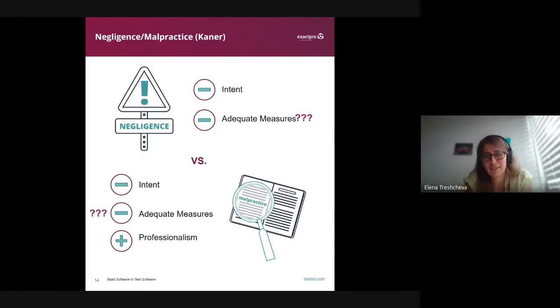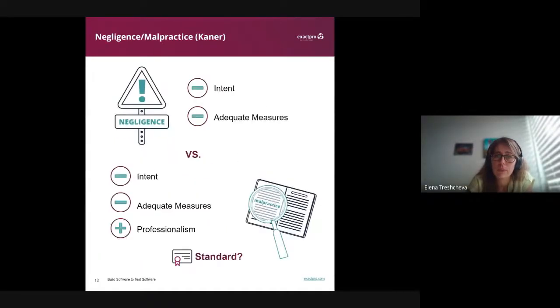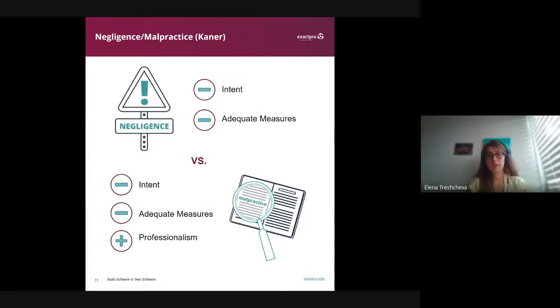Okay, while it is trying to load, I would like to refer to the lecture itself. When we discussed the notions of negligence and malpractice, we presented two points of view. One of them is that the difference between negligence and malpractice is first in intent.